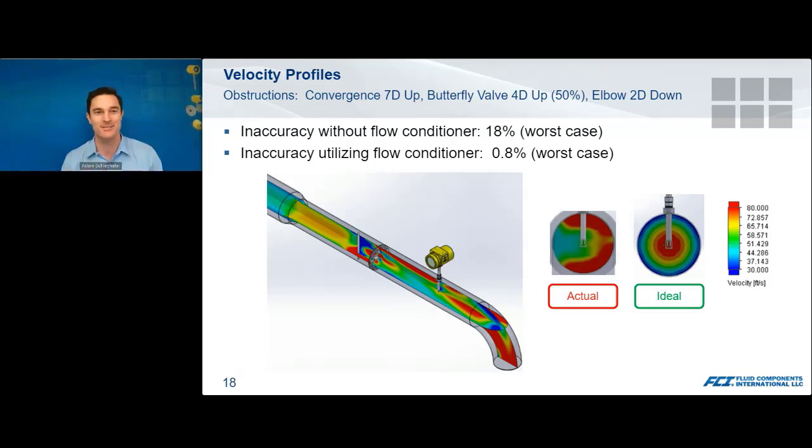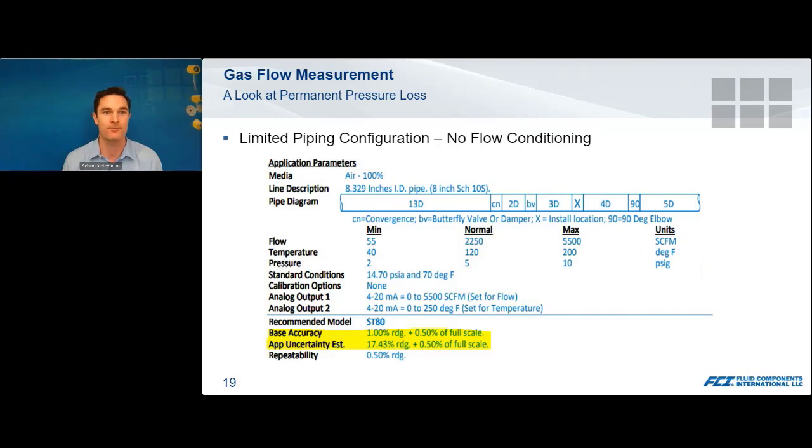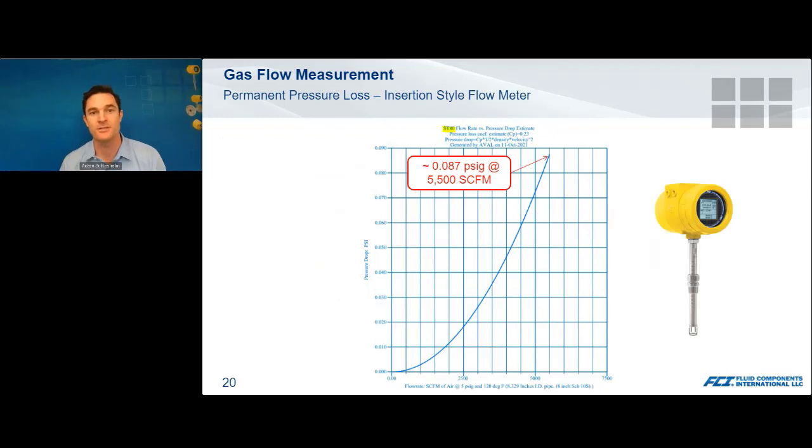You've got obstructions, you have a smaller footprint, you have a valve. A flow conditioner can really help in a scenario such as that one. So looking at this same scenario here, the convergence, the butterfly valve, the elbow downstream, the flow conditioner, from the standpoint of pressure loss, we'll talk through what type of pressure loss the instrument adds versus what the flow conditioner adds.